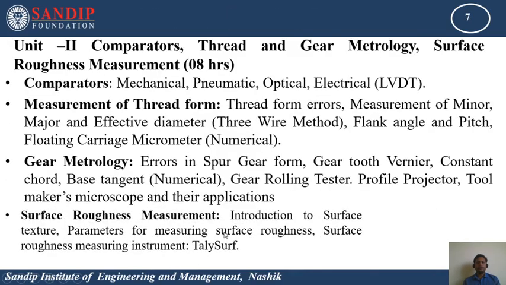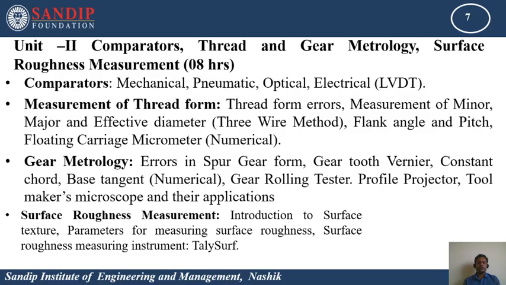Unit number 2 is comparator, thread and gear metrology, surface roughness measurement. Unit number 2 is basically divided into again major 4 parts. Comparators. So in comparators there are different types of comparators which are majorly used in industries.